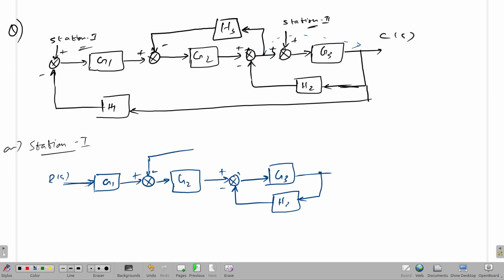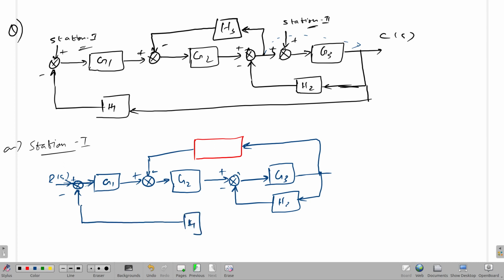This one is the one that we are changing, which I am showing in red. I am moving it to here, and finally we have our last summing point, which comes here. And we have our H1.